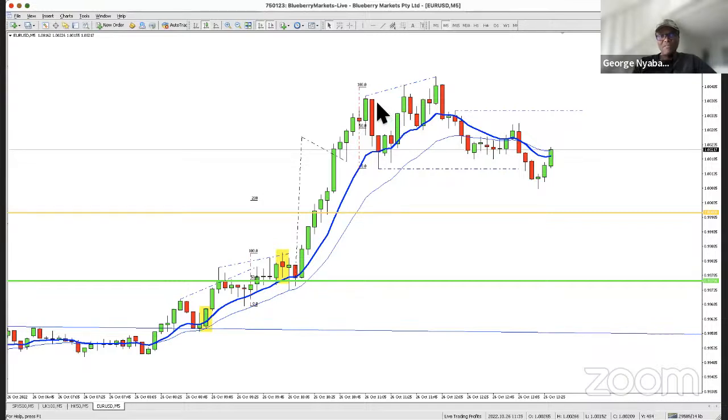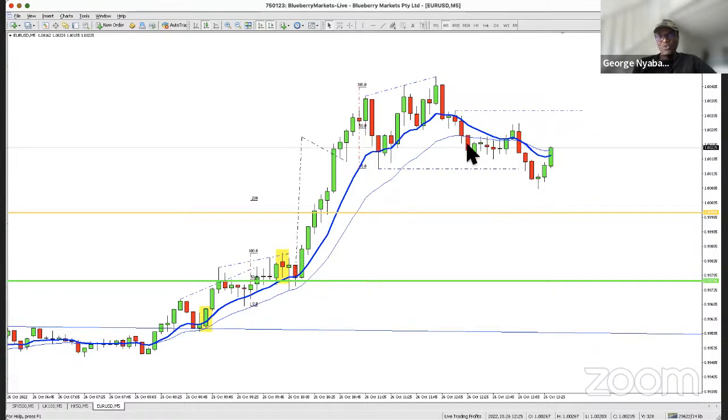Now, when you see a wedge top like this after a strong bull move up, you need to see a distinct breakout by the bears to close beneath the moving averages. So from the wedge top, bit of a pause by the bears, follow through. So this is decent enough as confirmation of bearish price action at that stage.